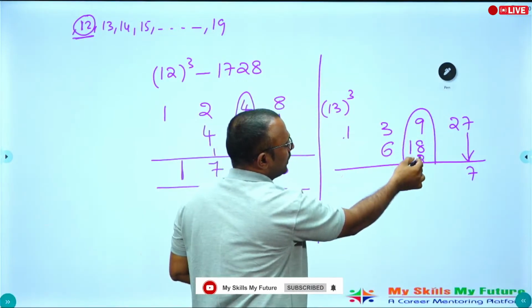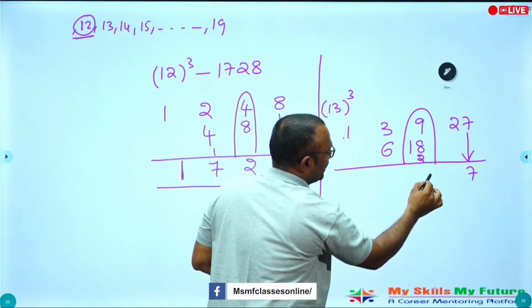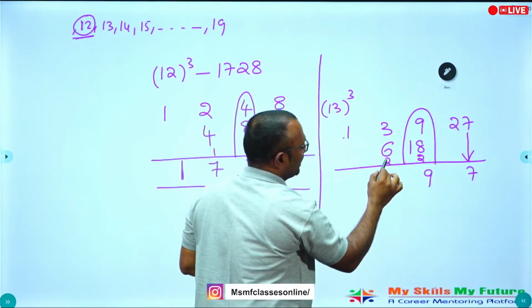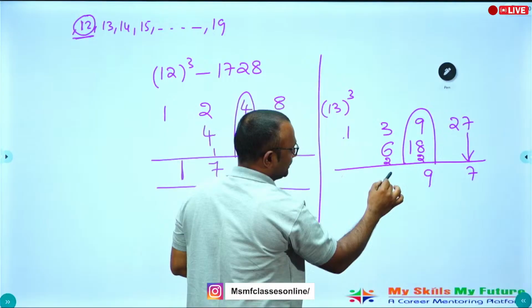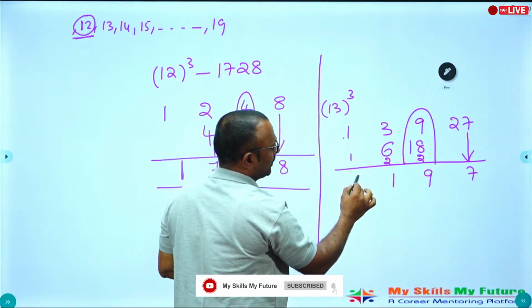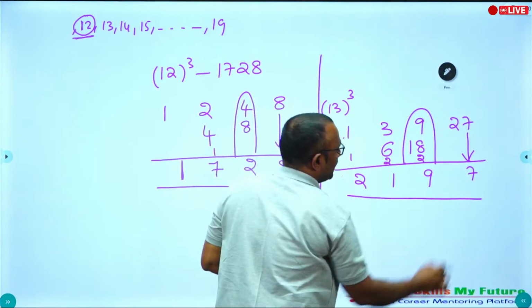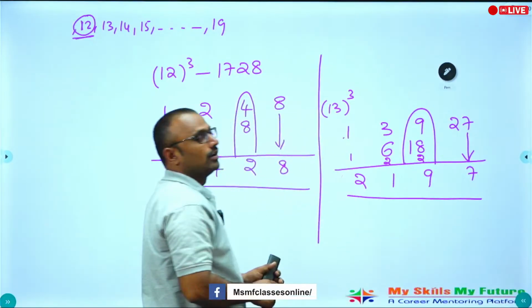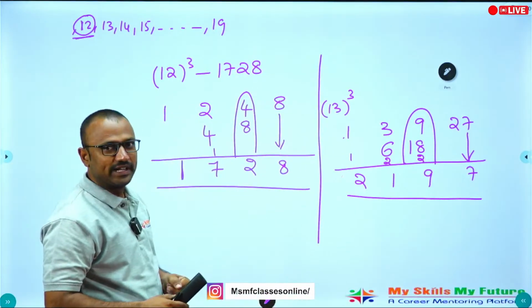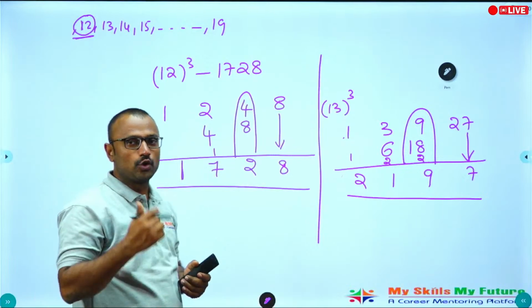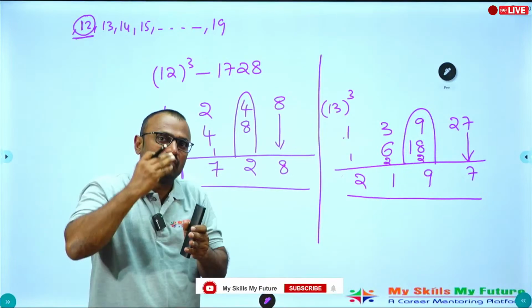So 29 here. Here we get 11. Write 1 here. So 2197. I hope you are getting how to find the cubes of a 2-digit number that starts with 1.